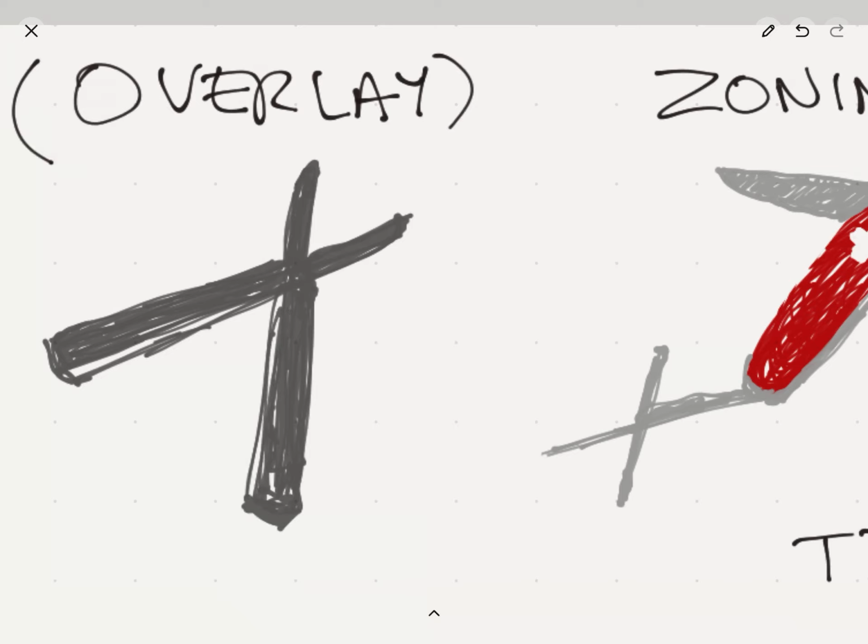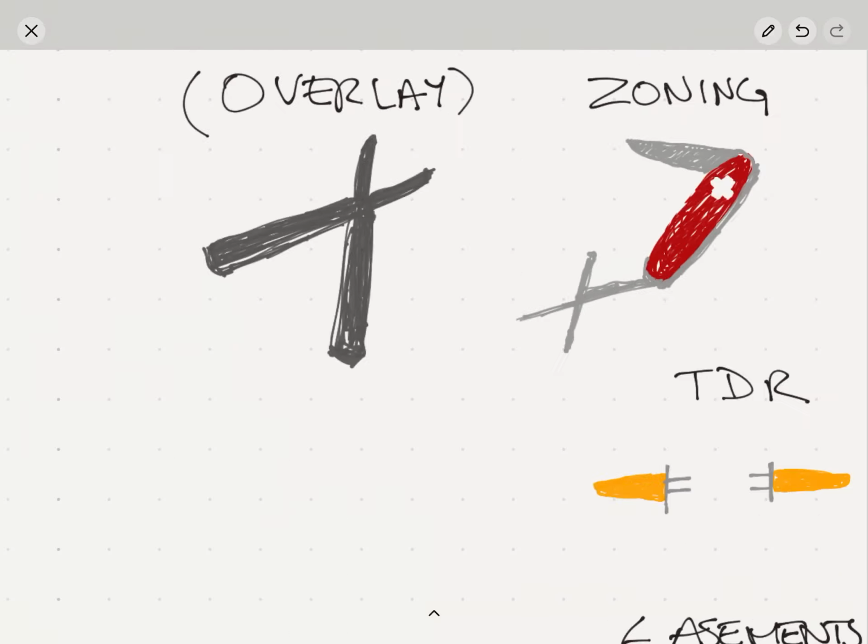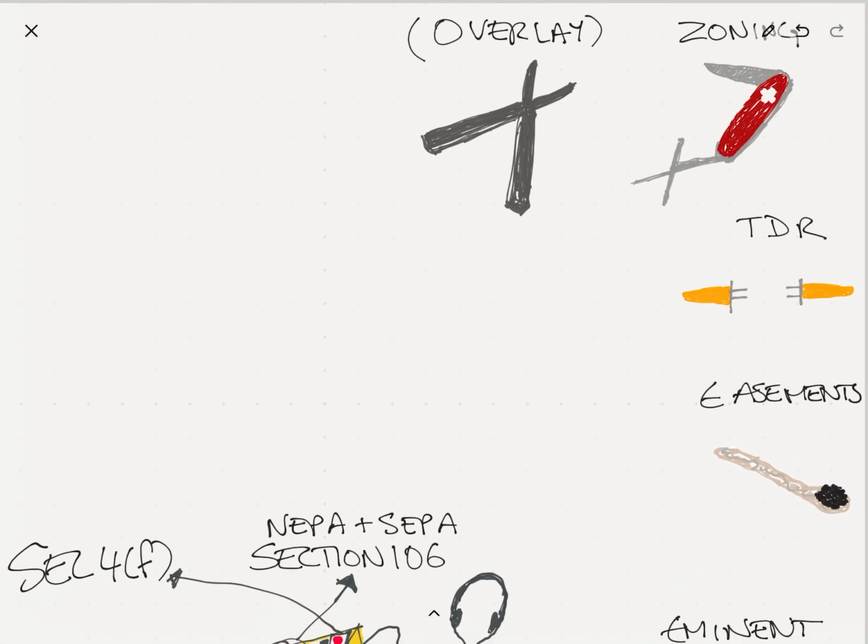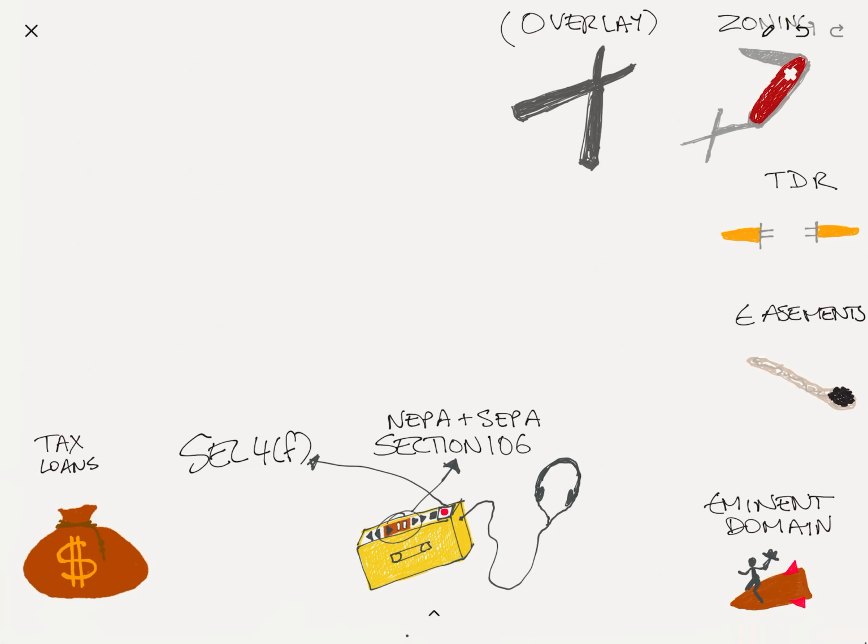But fundamentally, it's still just a multi-tool that's more specifically developed for a particular use. So if you just use zoning, that's better than nothing. If you can have overlay zoning, I think so much the better. But again, it's just a better formulated tool, but it's fundamentally the same tool.